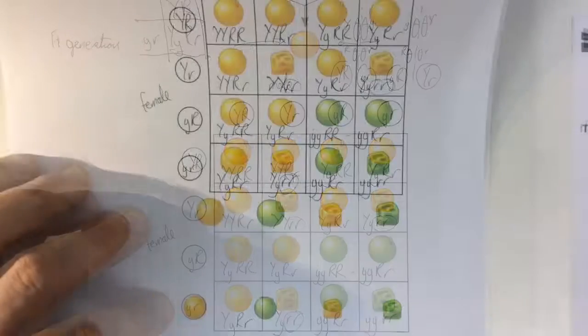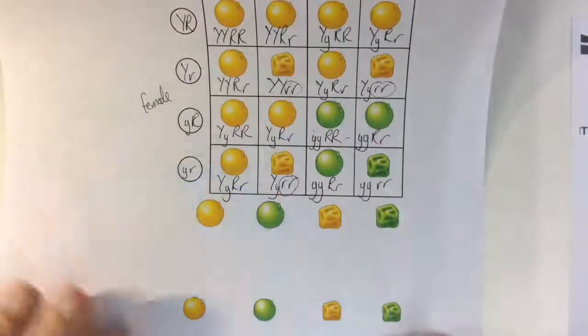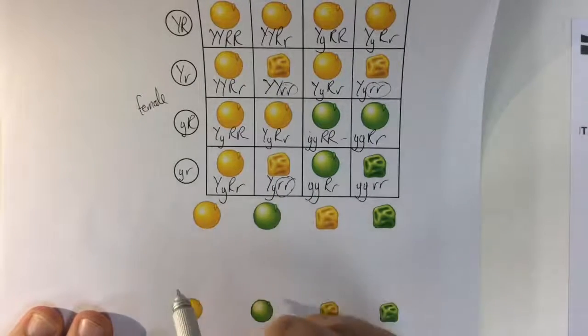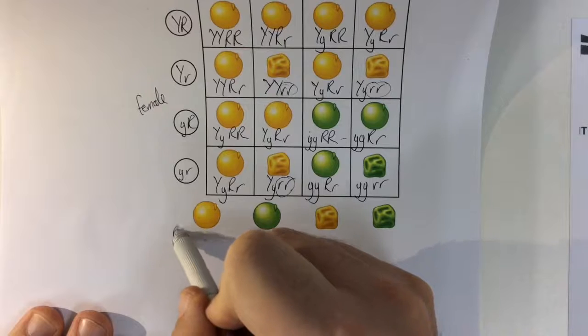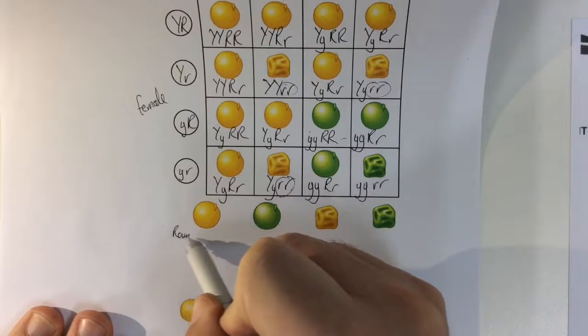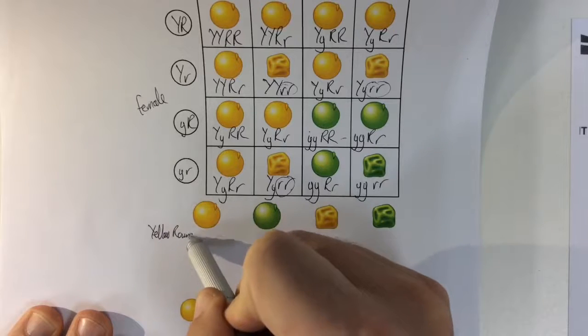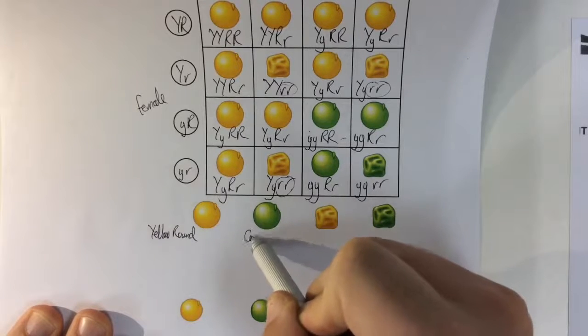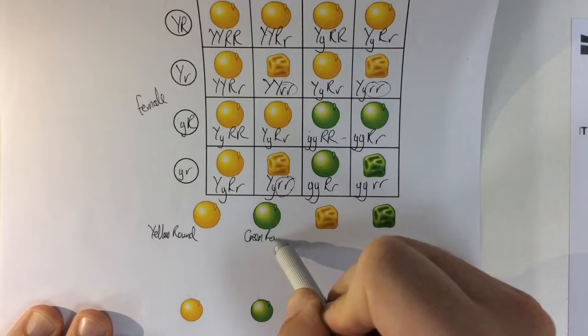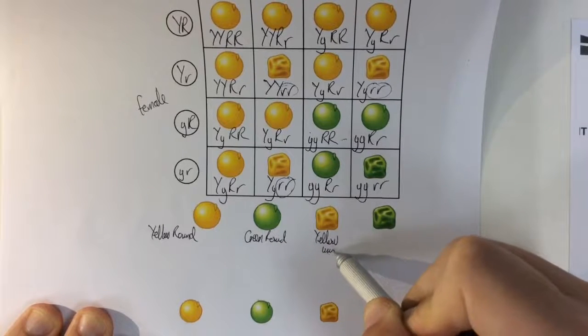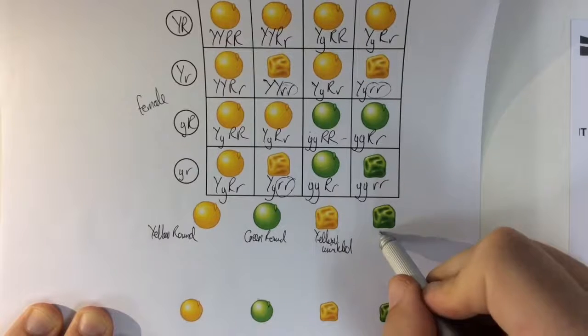All right, so now let's count them up. So we've got the phenotypes: yellow and round, green and round, yellow and wrinkled, and green and wrinkled.